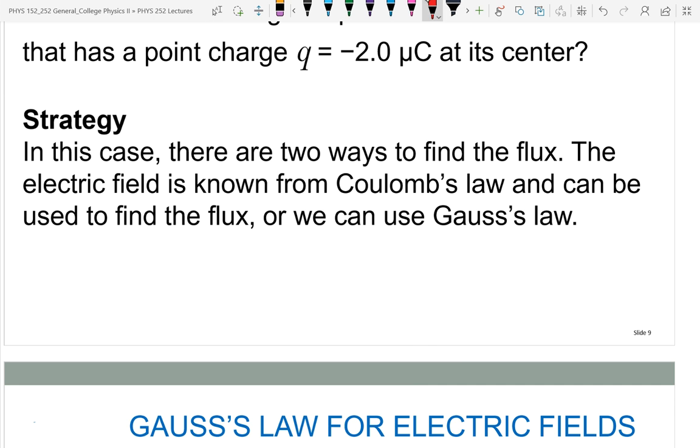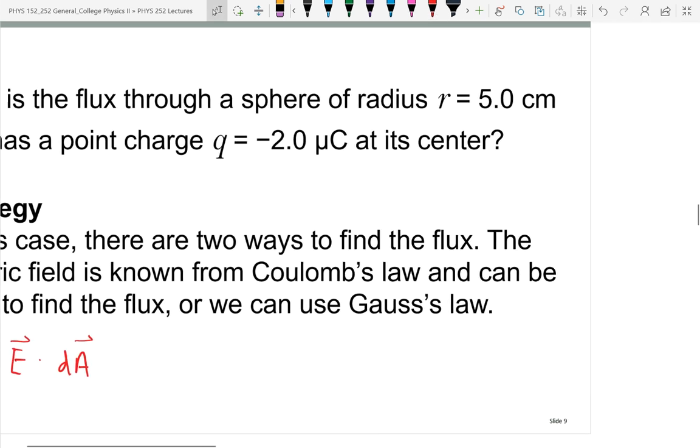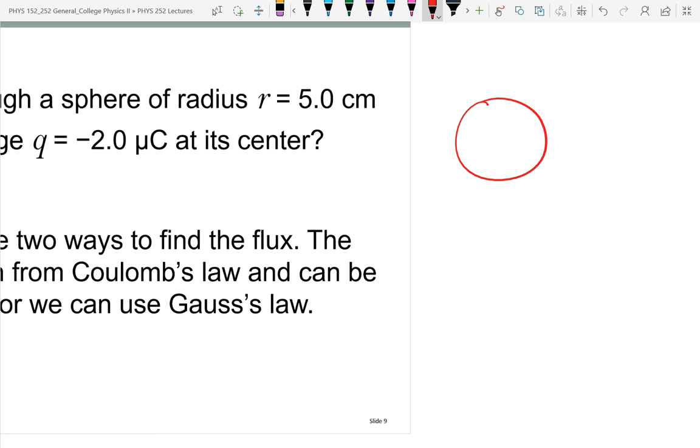So let's look at this. The standard way of finding the flux: integral of electric field dot dA. If I have a sphere with a charge right at the center, then I have a special symmetry. If the charge wasn't right at the center, I wouldn't have a special symmetry, right?